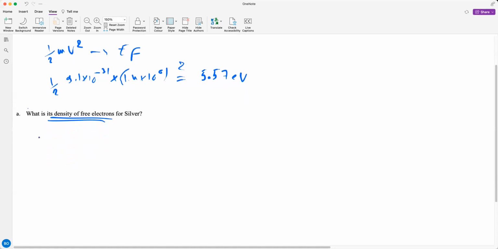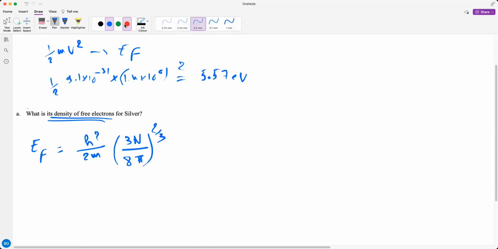So we know that the Fermi level is h squared over 2m times 3n over 8 pi to the power 2/3. What I want to calculate is n.